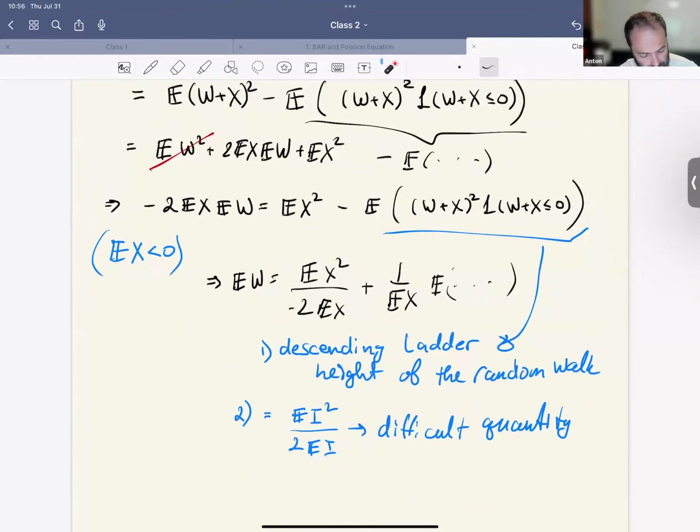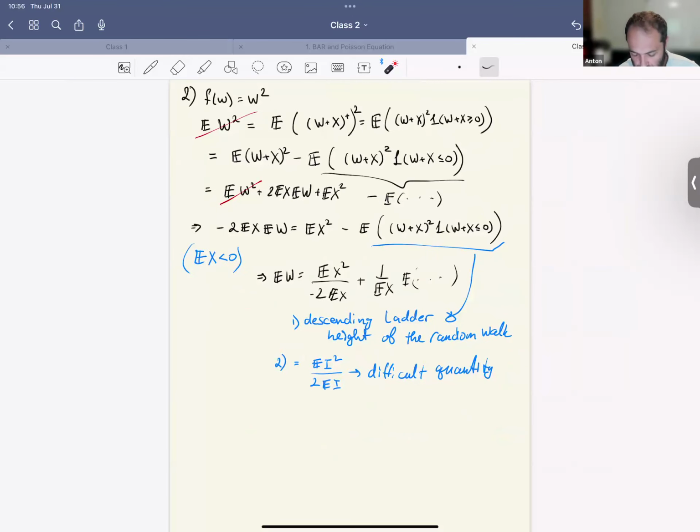All right. So that's how the drift method fails. You can actually try the transform method. You can use an exponential test function and you will get something out of this. So there's a contrast between the two.